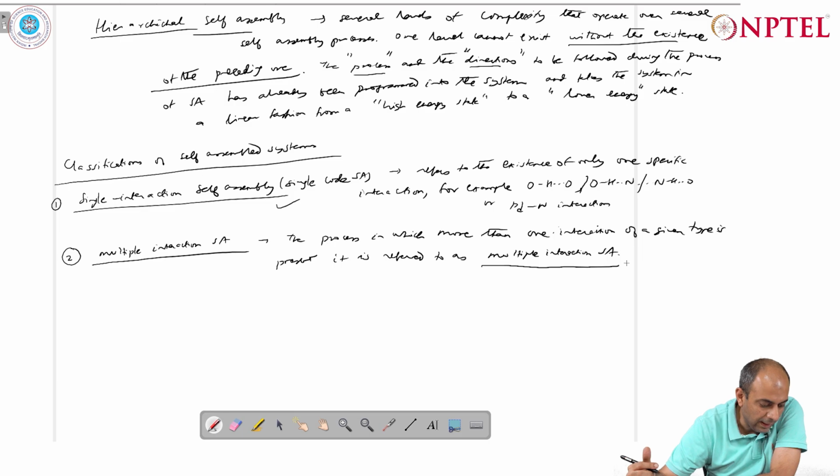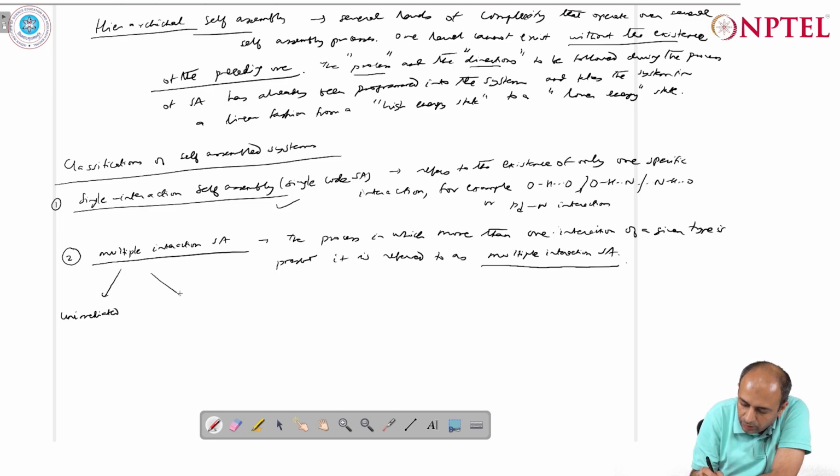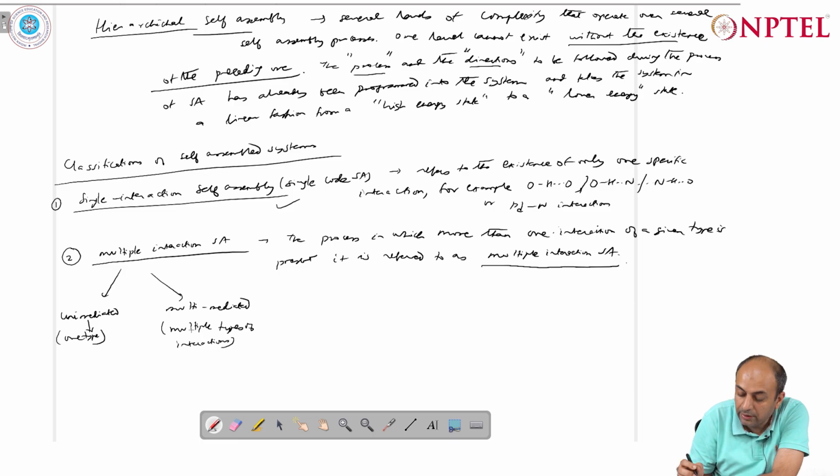And this can be further divided into unimediated or multimediated self-assembly processes. If you have got only one type of interaction, it is unimediated, but if you have got now multiple types of interactions, then it is multimediated.